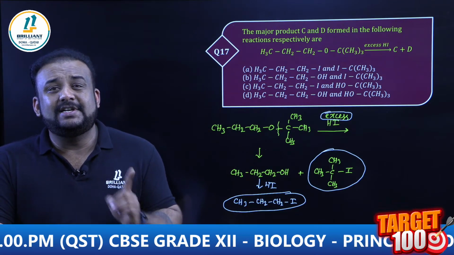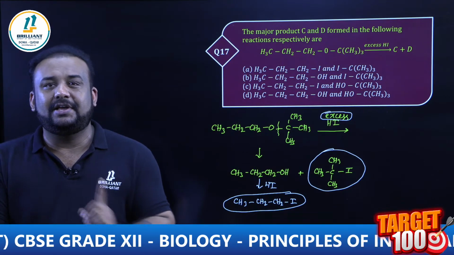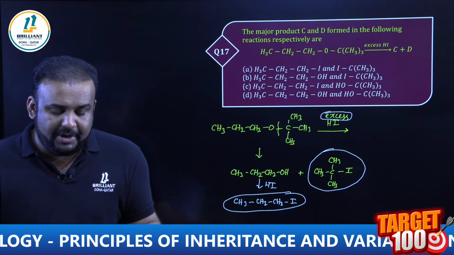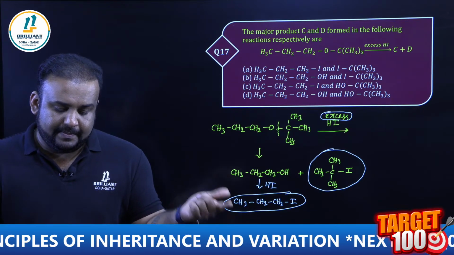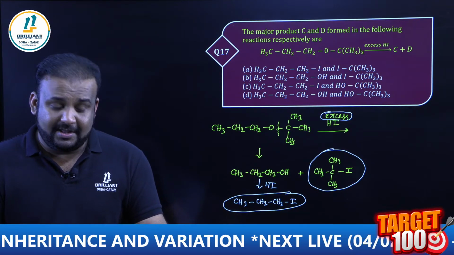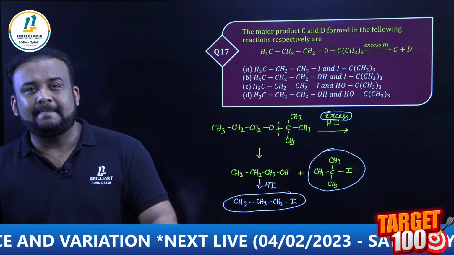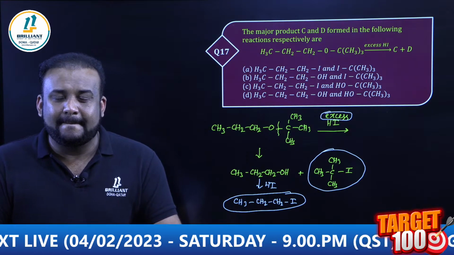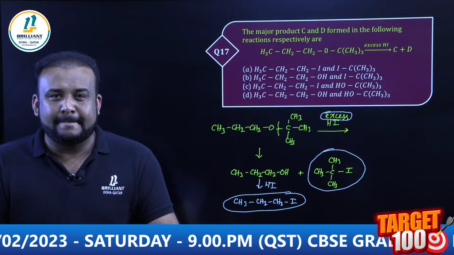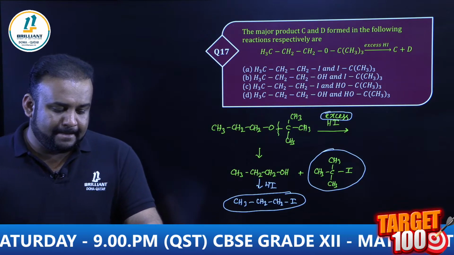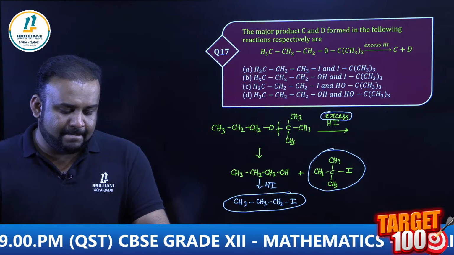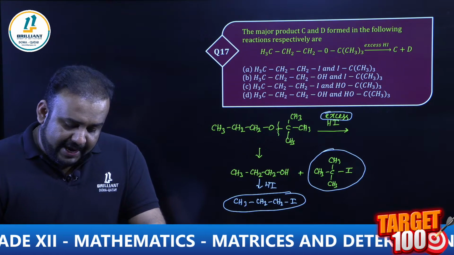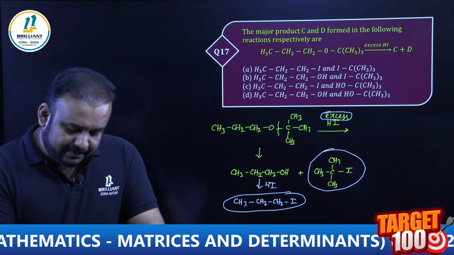Remember, if this question didn't have excess HI written on the arrow, it's just HI, then your answer would be B. But here it is excess HI. Did you get it? All of you understood that? Okay, excellent. So we have the correct option, option A.